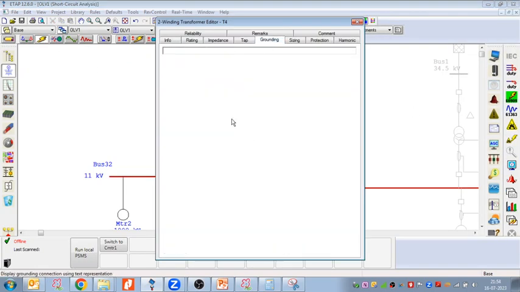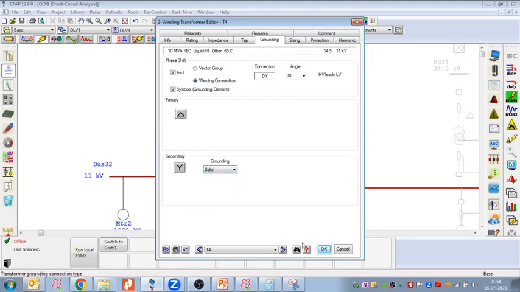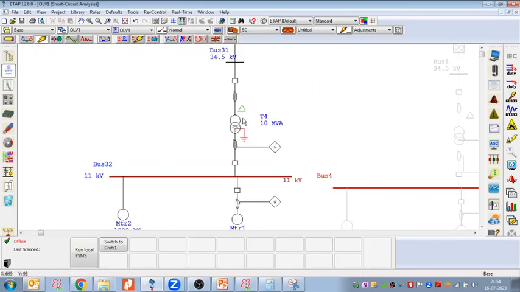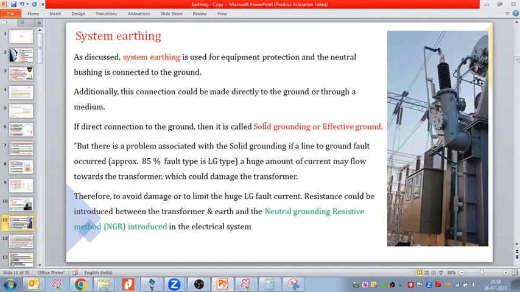Let me take this grounding and instead of open, let me put solid. So I am taking solid earthing. Here you see this neutral point or the star point is connected directly to the ground. This case is called solid earthing.